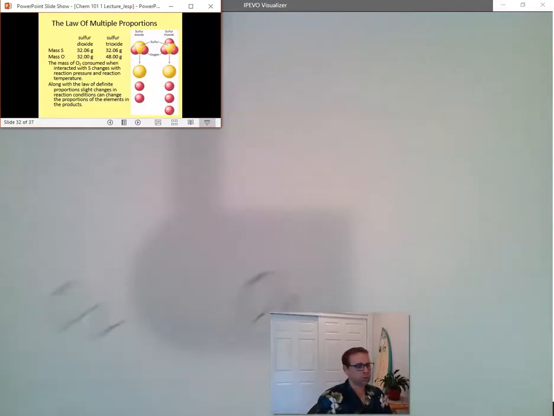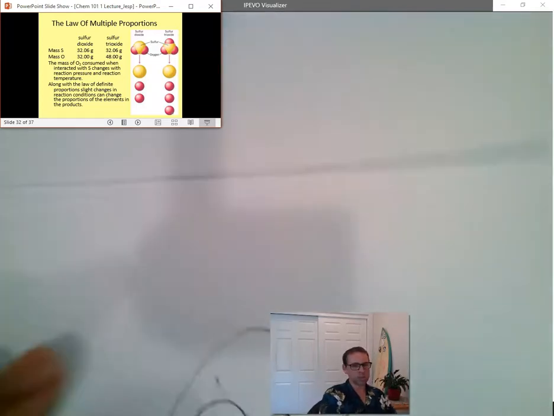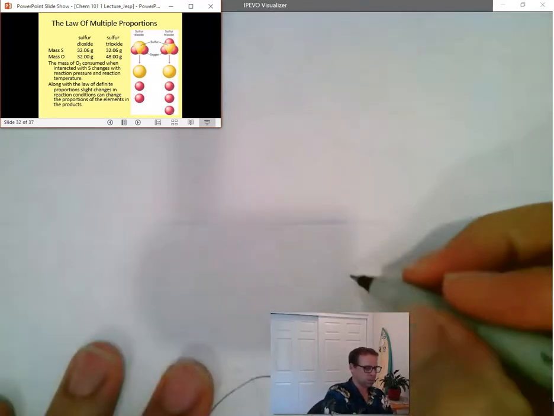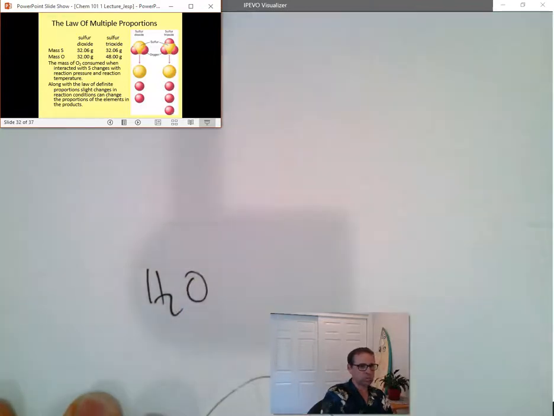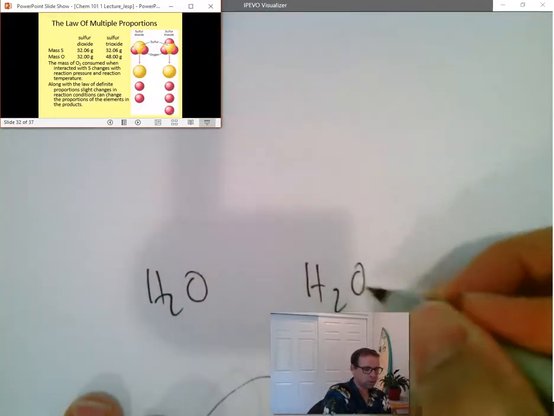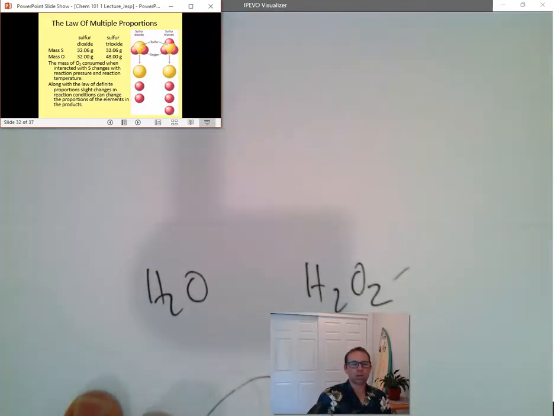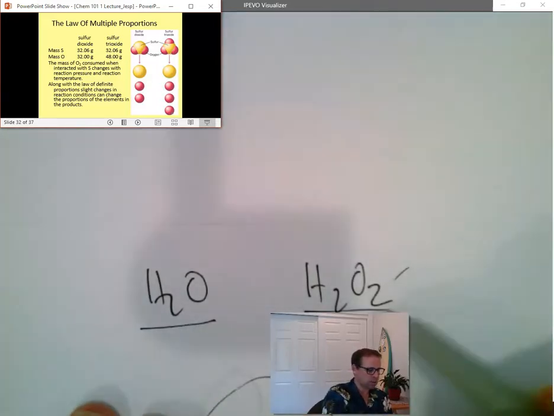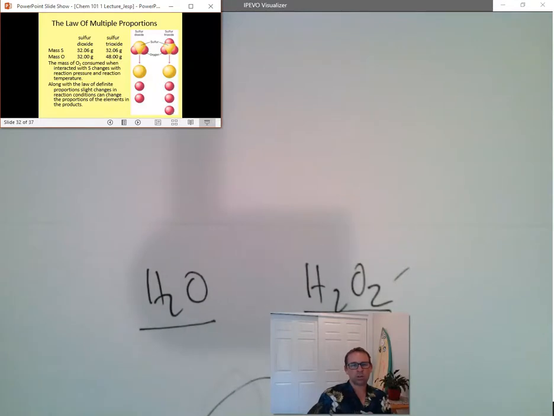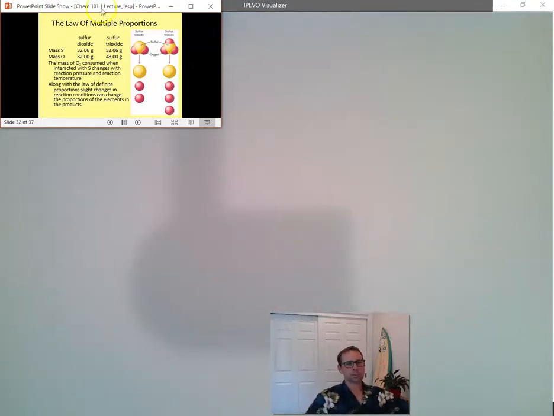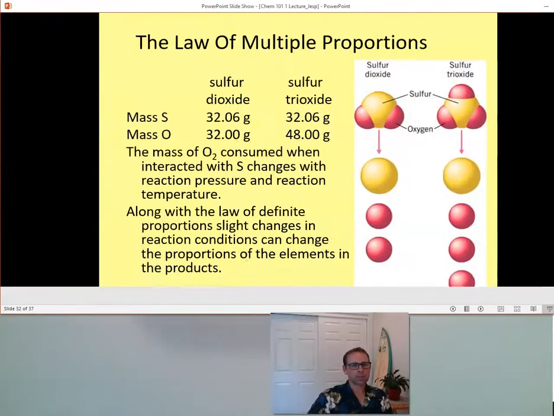So it's possible to get other types of combinations. I don't know if you've caught on to this one yet, but there's water, H2O, but there's also H2O2. H2O2 is hydrogen peroxide. So both of these are combinations of hydrogen and oxygen, but there can be multiple ways in which they come together. All right.